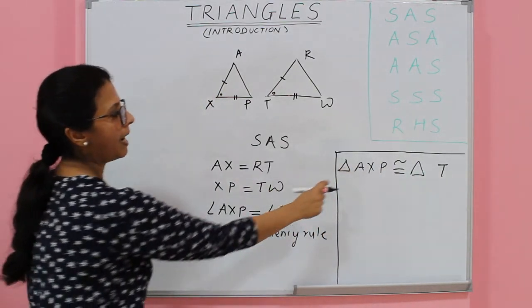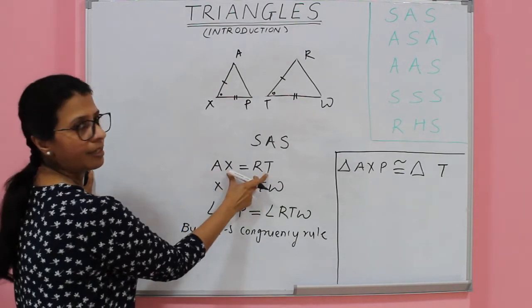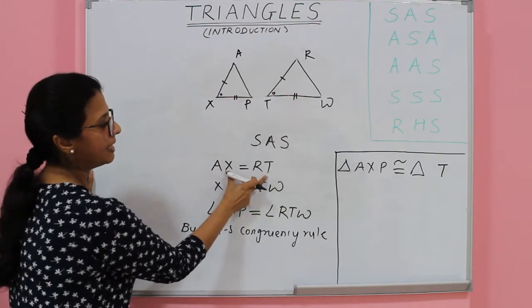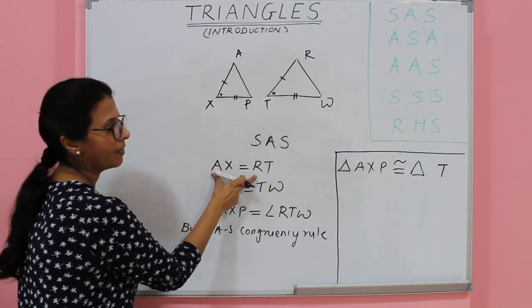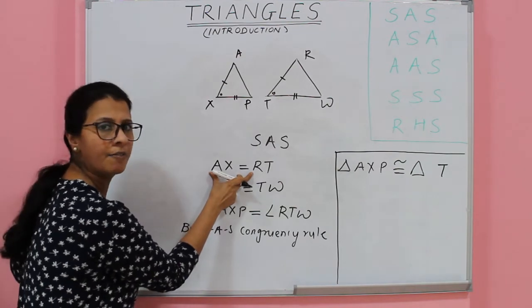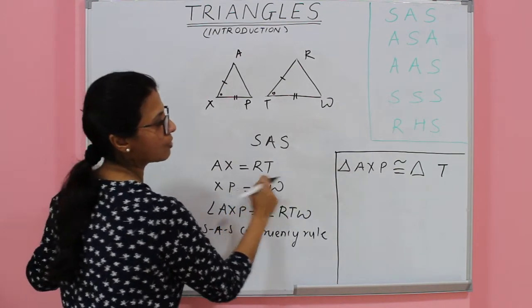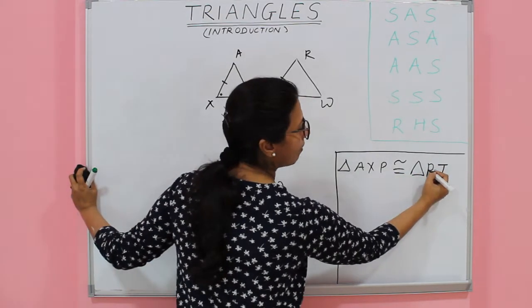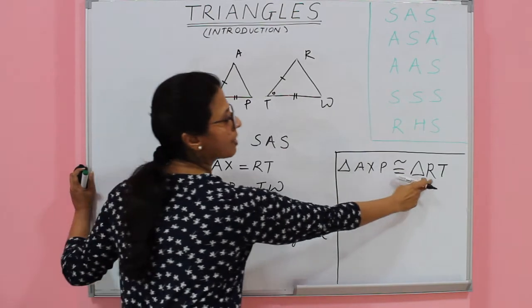Now next one is my A. If you see, X and T are matching, then what else is matching? My A and R are matching. If my X and T were matching, A and R are the remaining ones which are matching. So when I am writing over here A, the second one over here has to be R. So A was the first term over here, so R has to be the first term over here.